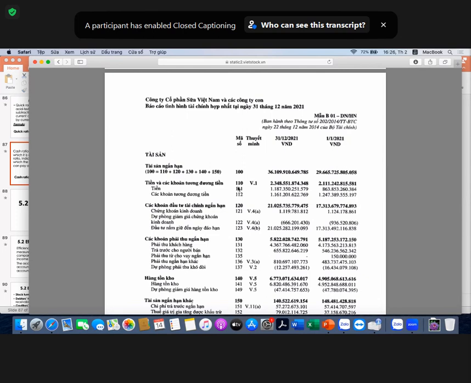Yeah, this tells you that for every 100 đồng of current liabilities, the company has 14 đồng of readily available funds to pay off the current liabilities.